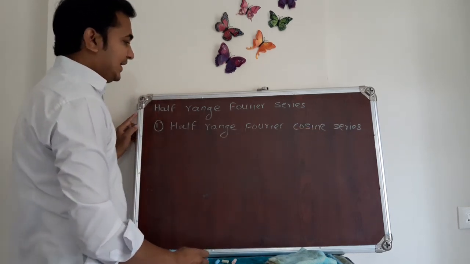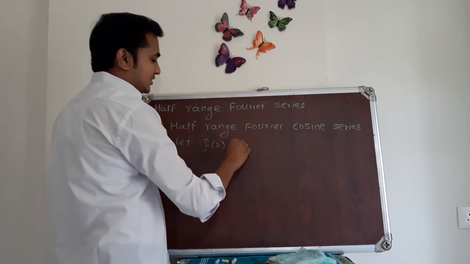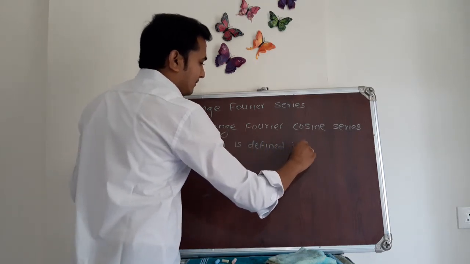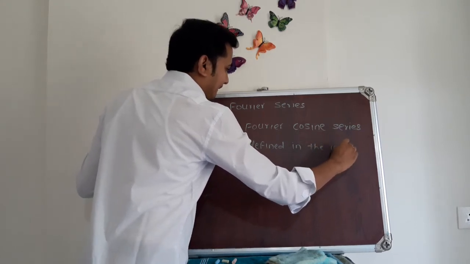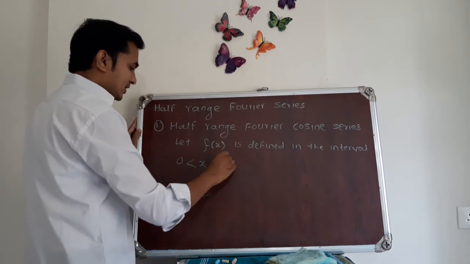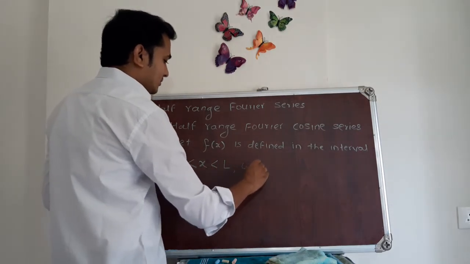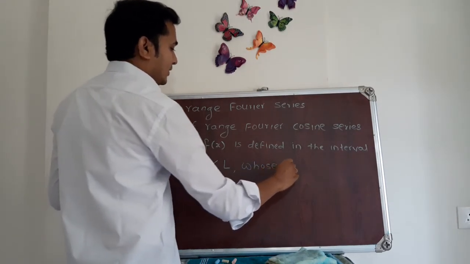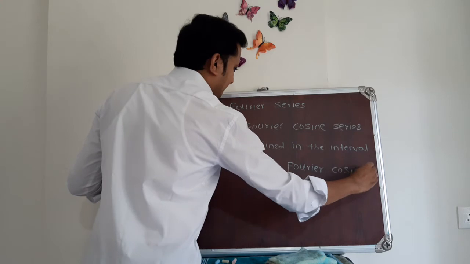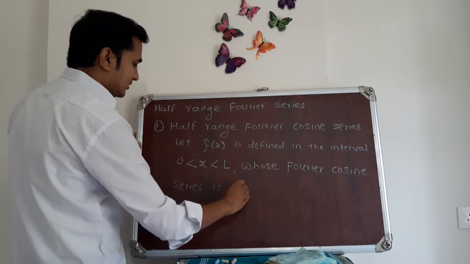All right, so let f of x be defined in the interval 0 less than x less than L, whose Fourier cosine series is asked.